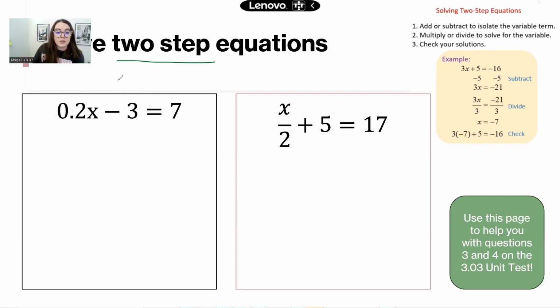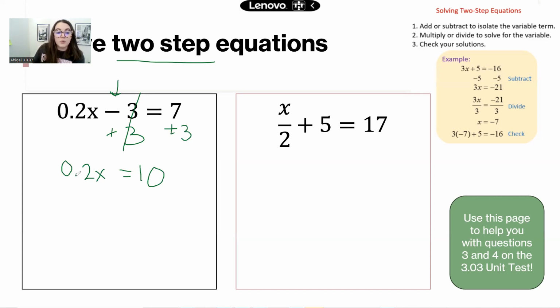So in this situation, the first thing that we can see is this -3. In order to cancel out -3, I'm going to add 3 to both sides. This leaves me with 0.2x equals, and then I have 7 plus 3 is 10. The next thing that I need to do is figure out what's the next thing that's impacting my variable.